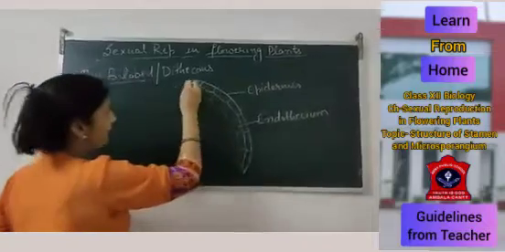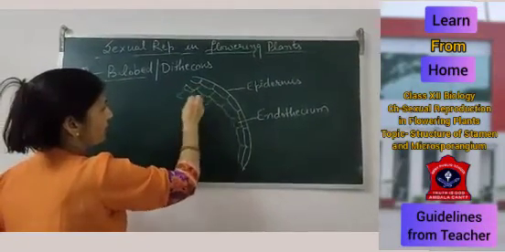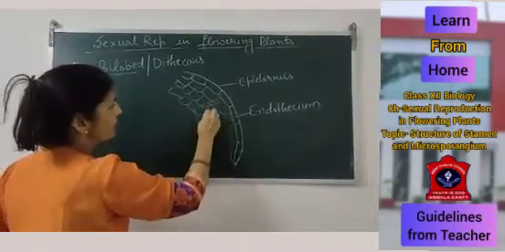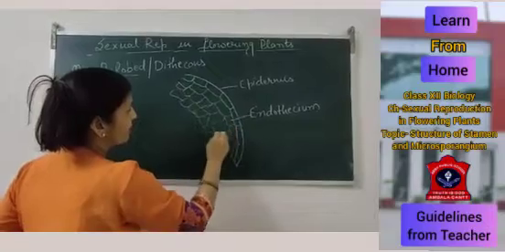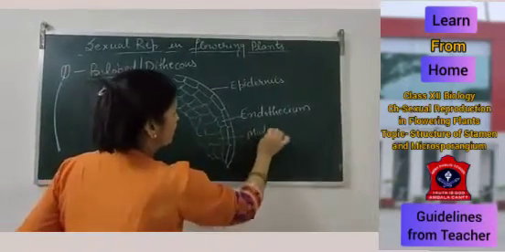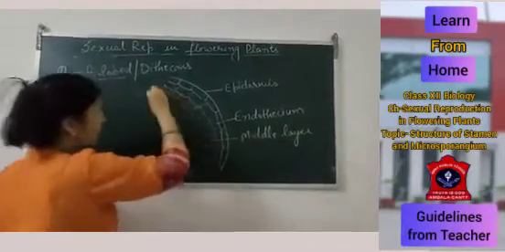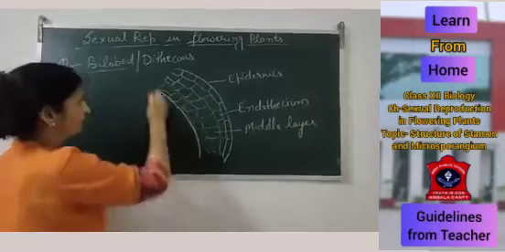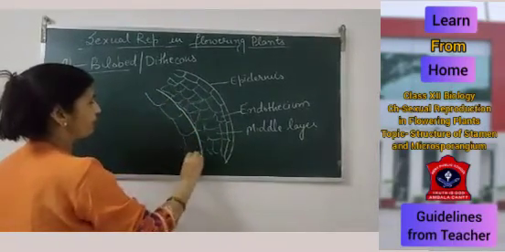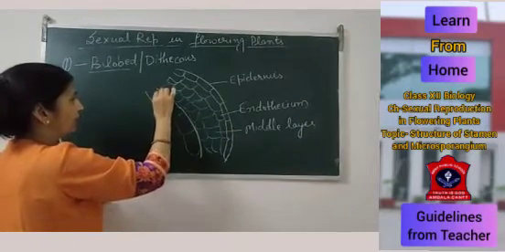Then we have the middle layers, made up of 1 to 3 layers of cells. And the innermost is the tapetum, which is made up of large cells having dense cytoplasm, and even the nuclei are more than one in number.